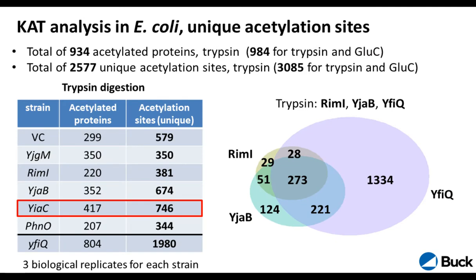But overall, you can see that in these systems, we were able to identify many acetylation sites. In this experiment, in fact, over 2,500 unique acetylation sites. And actually, I'll show you later some slides. If we also digested with other enzymes, other proteases, such as gluC, we could actually expand the portfolio of PTM sites by a multitude, here even going up to 3,000 acetylation sites.